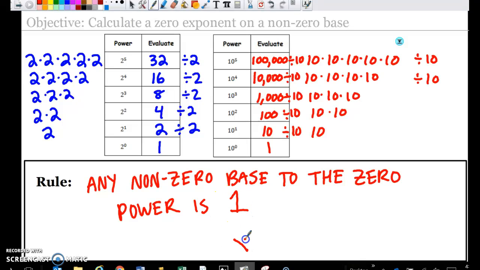And that means that x raised to the 0, no matter what x is, as long as x isn't 0, would be 1. So note that 0 to the 0 power, we don't know what that is. So provided that x isn't 0, something to the 0 power is 1.